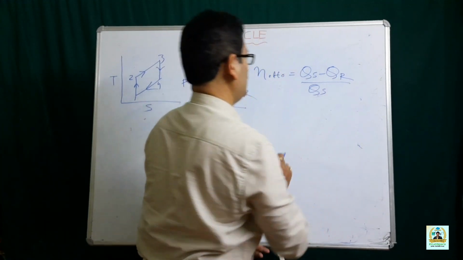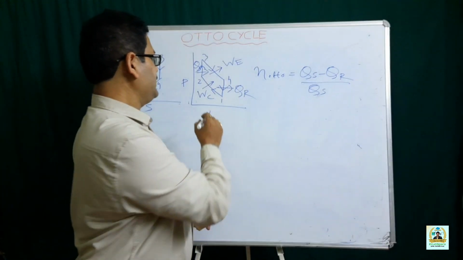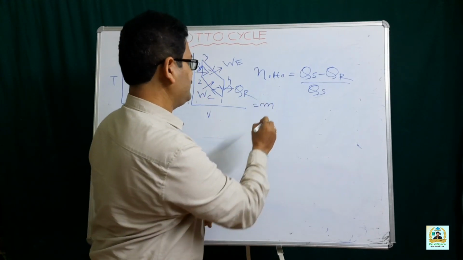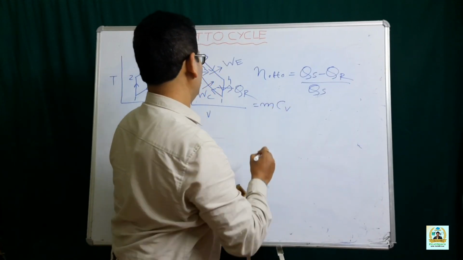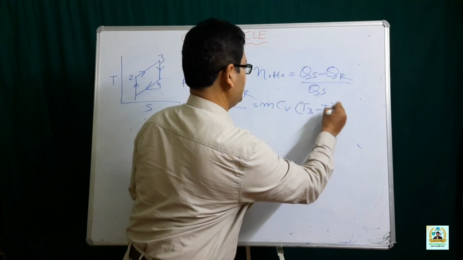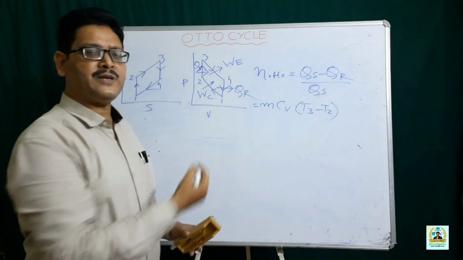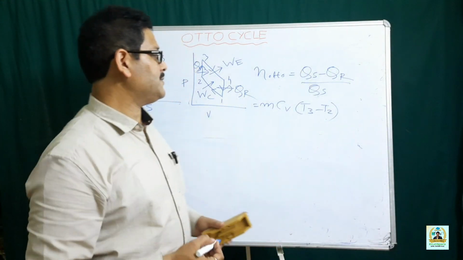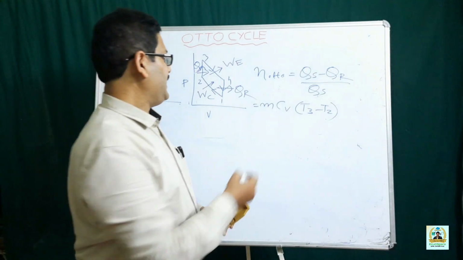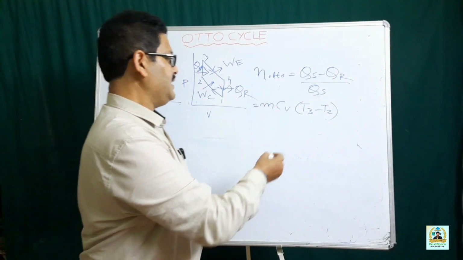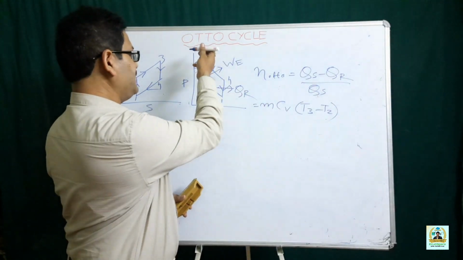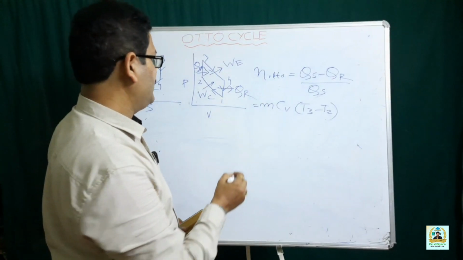Now, what is QS? QS is mCv into (T3 minus T2), where m represents the mass of the working substance, Cv is the specific heat at constant volume, and T3 and T2 are the temperatures at the cardinal points 3 and 2.